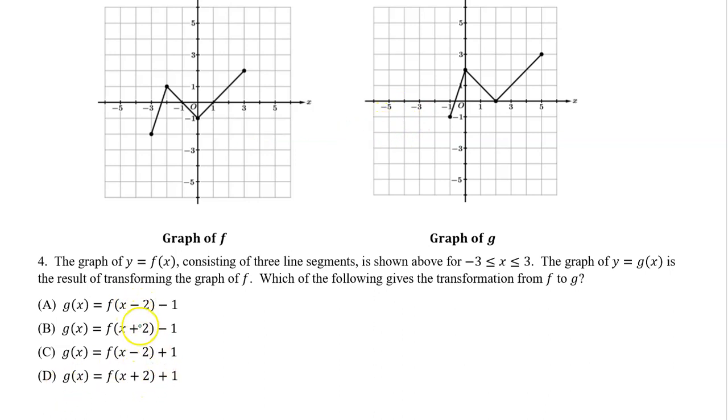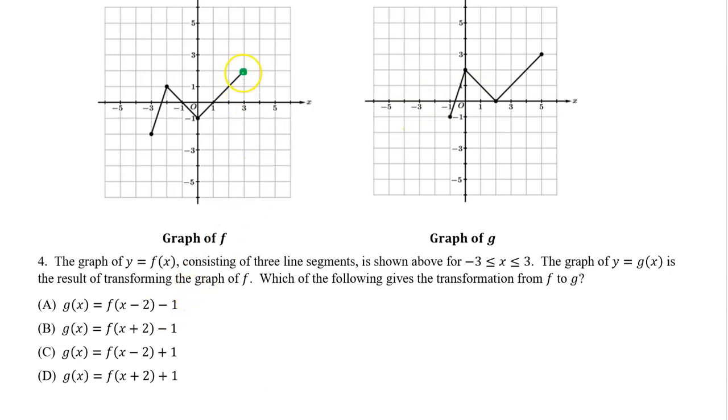Looking at the options, I see only translations. I see horizontal translations, which will shift the graph left or right, and I see vertical translations, which will shift the graph up or down. There are no dilations, so the shape of the graph remains the same.